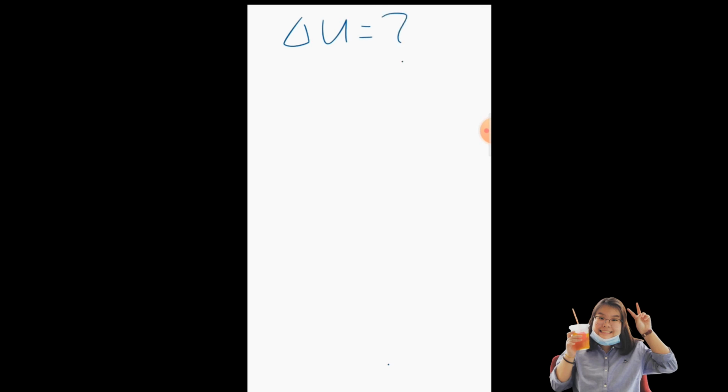The question gives us number of moles n is equal to 3. Hydrogen gas is H2. It's a molecule, so this one is a diatomic gas. Diatomic gas means the degree of freedom F is equal to 5.